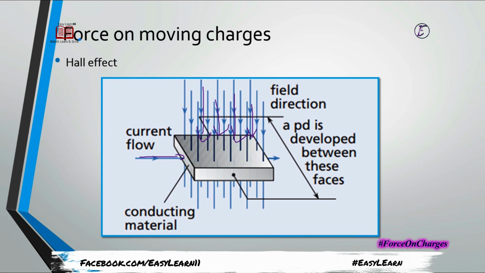So what happens if we connect these two terminals with the galvanometer? We will experience a force of charges, because charges align on the opposite ends, and some voltage is obtained, and this is called potential difference.